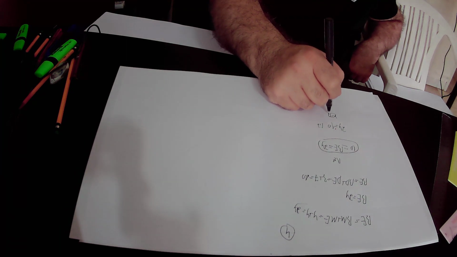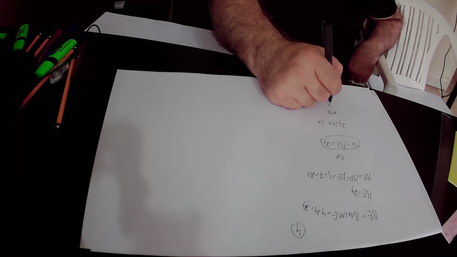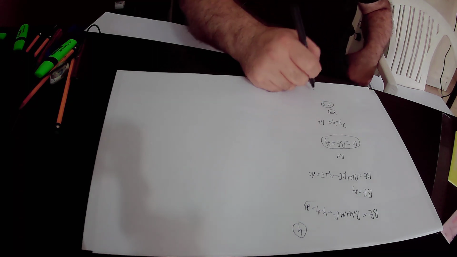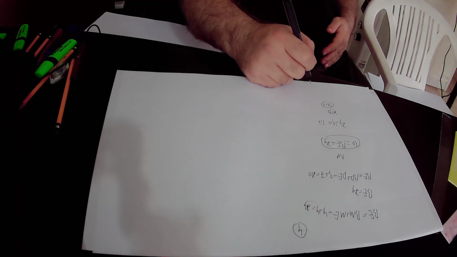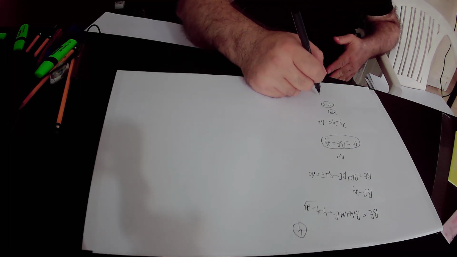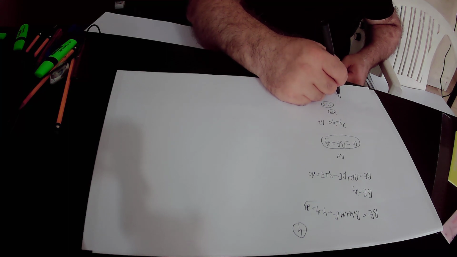So we found out that Y equals 5 units. According to our definition, BM equals Y, and Y equals 5 units, so BM is also equal to 5 units.